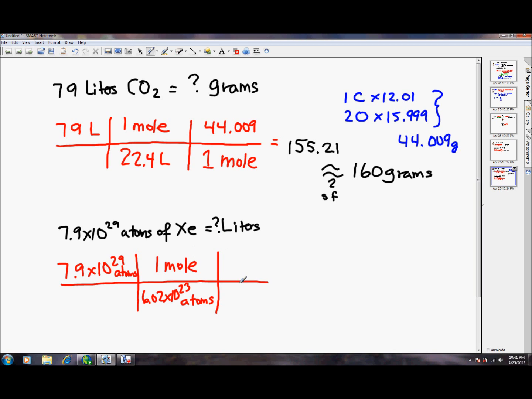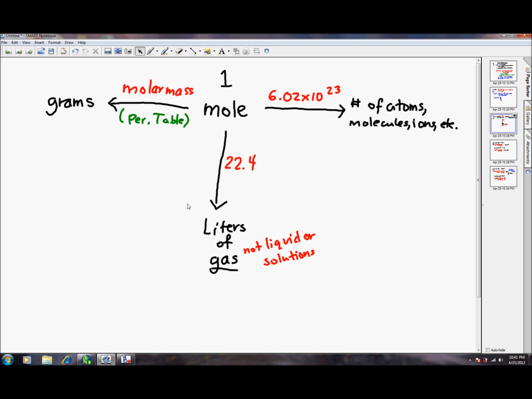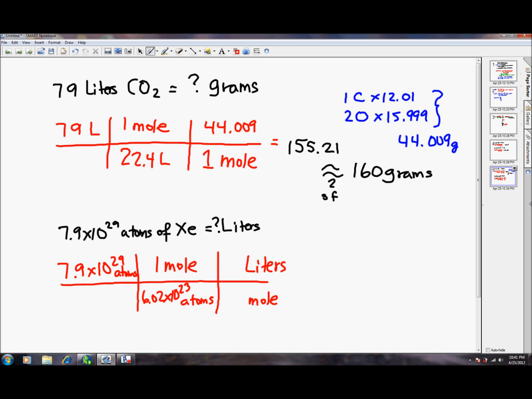I've got to get to liters, so mole's going to drop down here, and liters up here. Go back to the diagram. Mole to liters requires 22.4. So it's 22.4 liters per 1 mole.